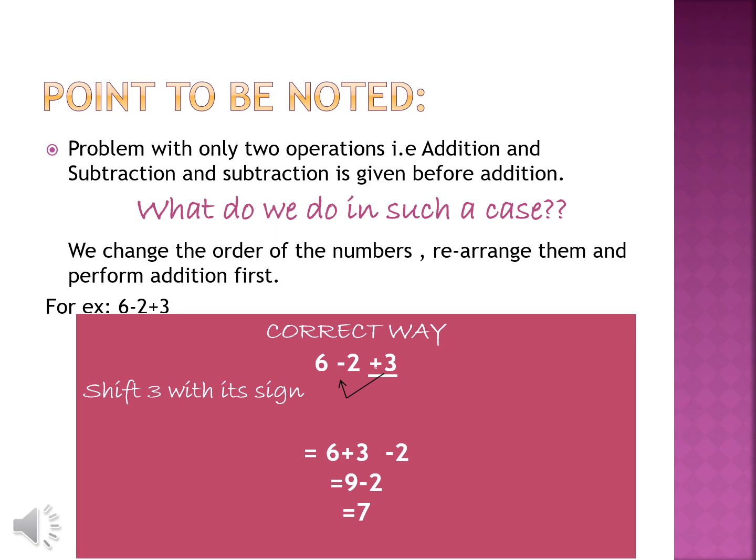So the expression becomes 6 plus 3 minus 2, right? Now you have to follow the BODMAS rule. If the first step goes wrong, if rearrangement goes wrong, and later the steps are correct, then it does not give you the correct answer and it is useless. So you have to be careful at the very first step of rearrangement. Now I got the expression as 6 plus 3 minus 2. Now it is easy. 6 plus 3 is 9 and minus 2, and we get the answer as 7. So be careful about this point as well.